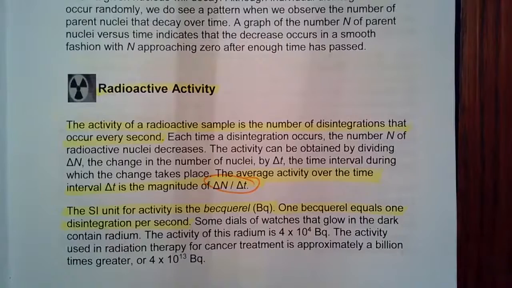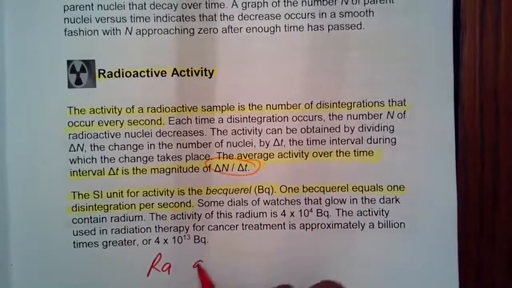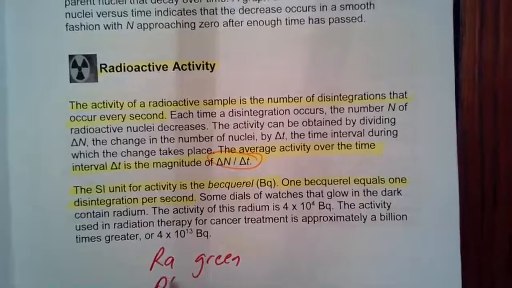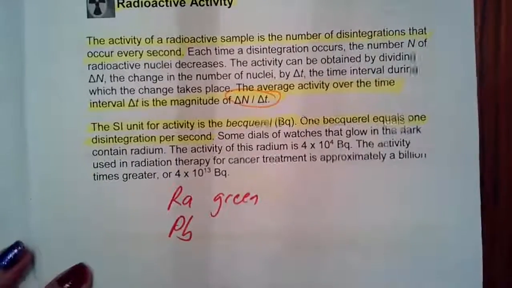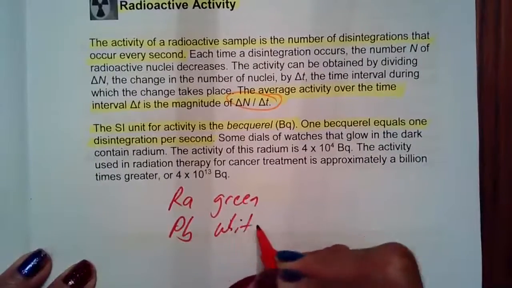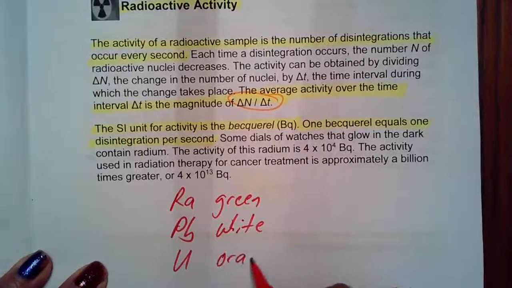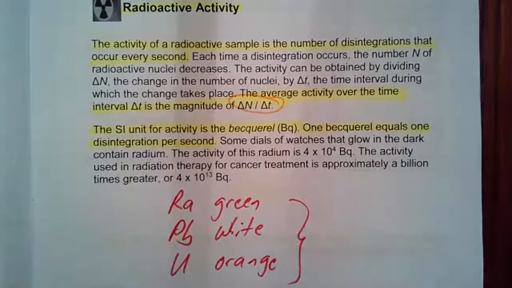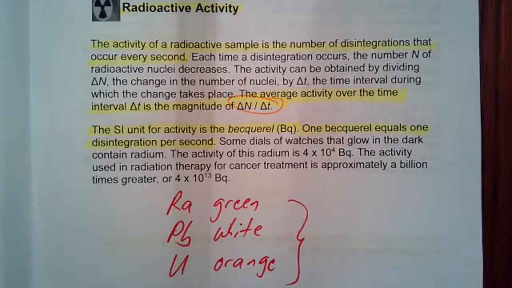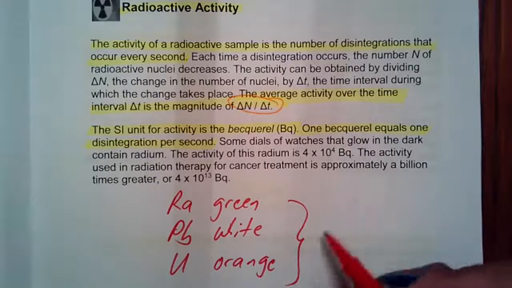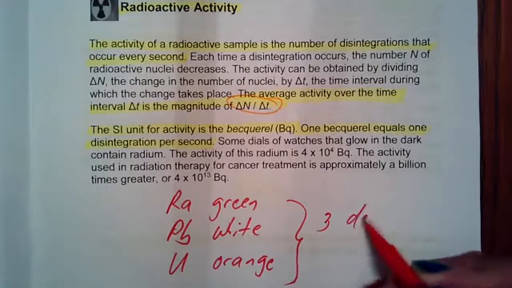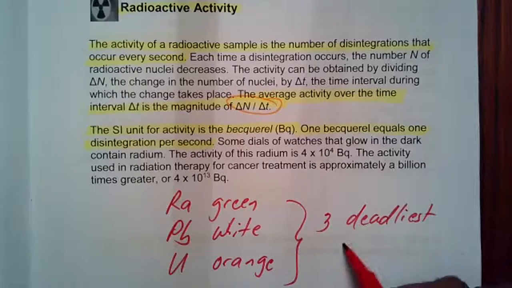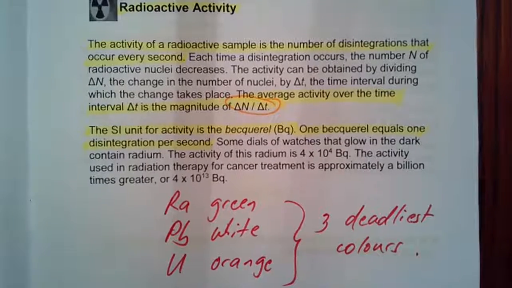They also had lead white, lead being Pb or plumbum, and uranium orange. These were the colors they put in paints and all kinds of materials, including glow-in-the-dark paint used in watches. These were the 3 deadliest colors because they were radioactive.